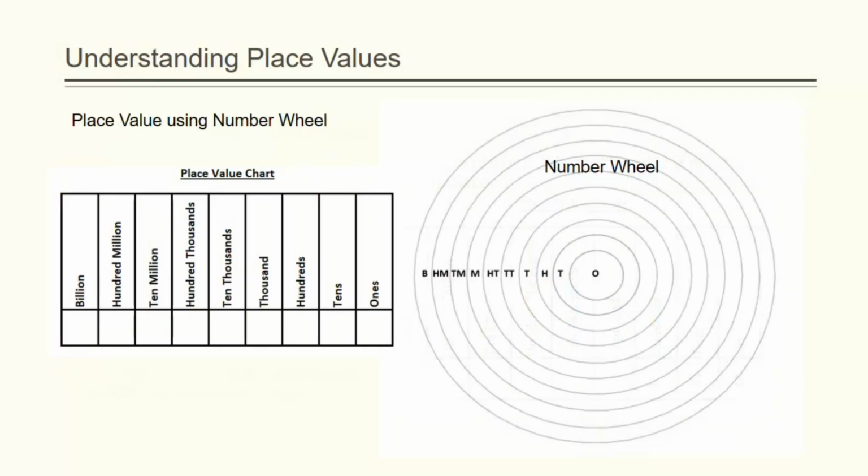The next one is the tens column, represented by T, then H for 100, T for 1,000, TT for 10,000, and so on and so forth until we get to 1 billion, or the billions column.